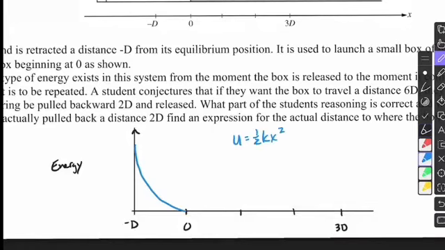The horizontal axis is position. So it says that the amount of energy I have is proportional to the square of the position. It's that simple. When it's at 0, x is 0, there's no potential energy. When it's at negative d, the energy is 1/2 k times d squared. That's where it starts.